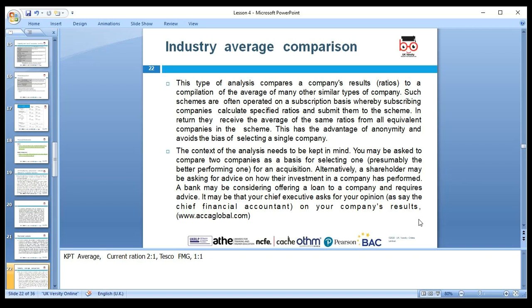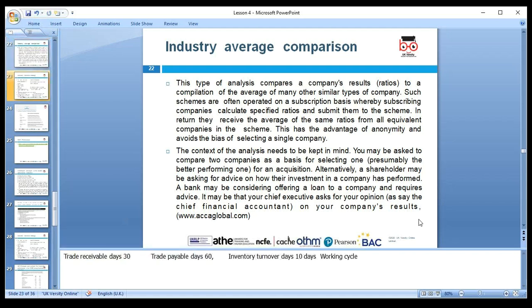So if you compare with other companies, we need to make sure about FMCGs, fast moving consumer goods. If the ratio is 1 to 1 instead of 2.1, which is absolutely fine because we sell quickly. Okay.